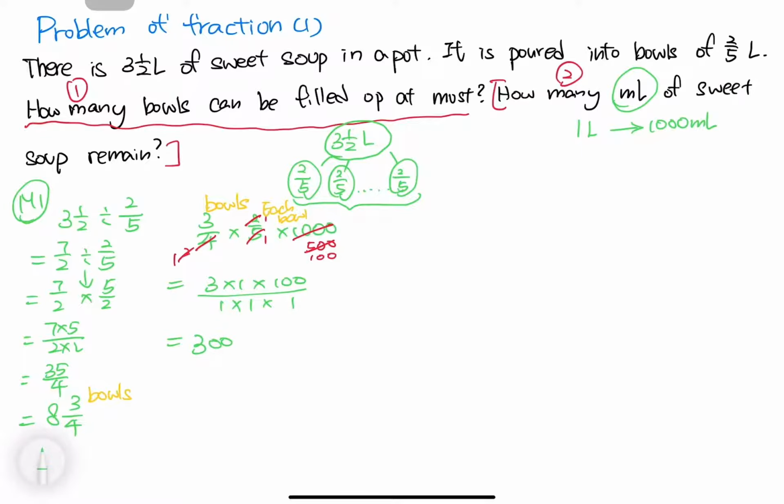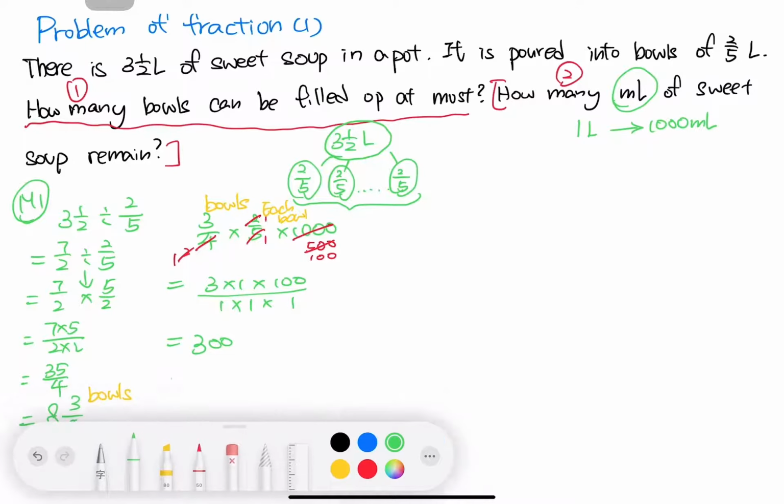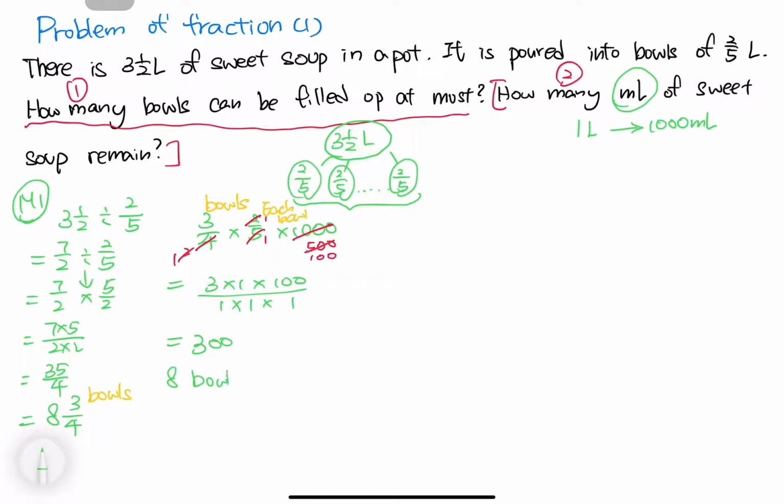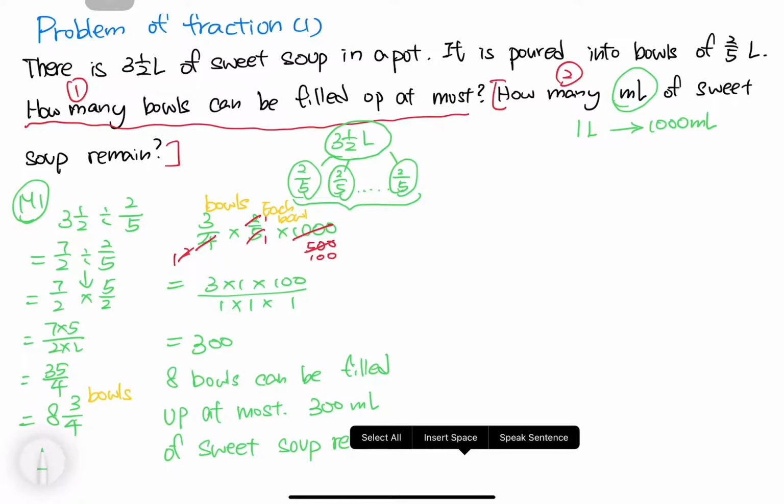So for this question, we know that 8 bowls can be filled up at most, and 300 ml of sweet soup remains.